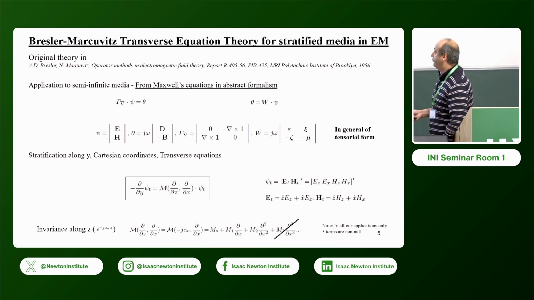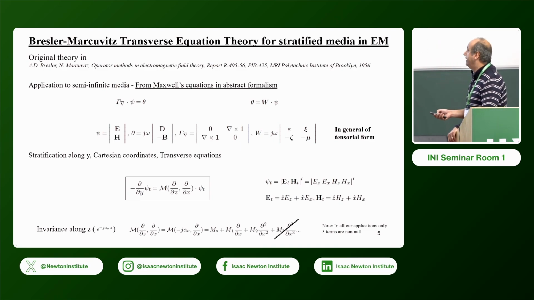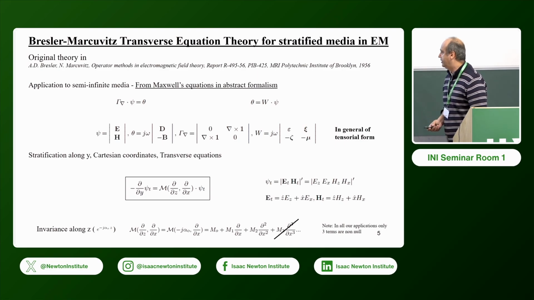Then, considering a stratification along y, we can represent these equations in terms of a transverse field component. It means if you have a stratification along y, you have a z and x component for the electromagnetic field here, and then you have a differential operator here that has this structure with three matrices defined in terms of the constitutive relations.